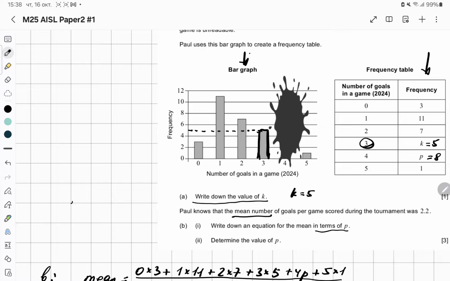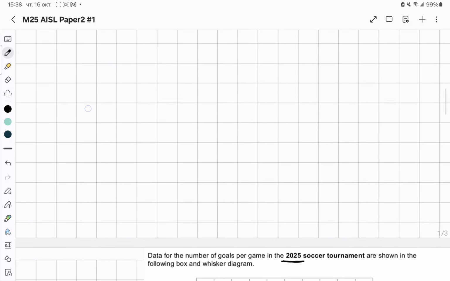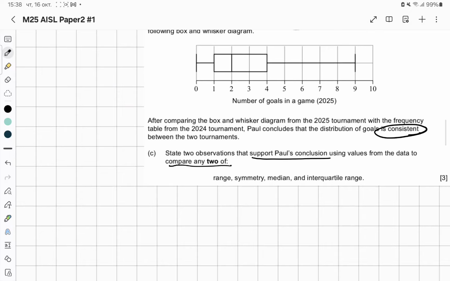Now if we consider the median, if we use your calculator, you will get the median is equal to 2. If we type everything in the calculator in the statistics part, remember statistics, list 1, list 2, then one-variable statistics, and you will get the median straightforward from your calculator. Median will be equal to 2.